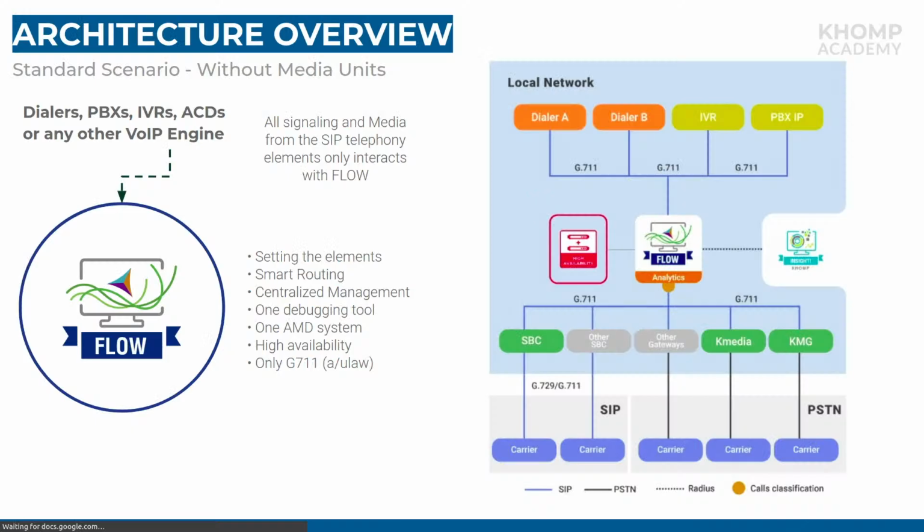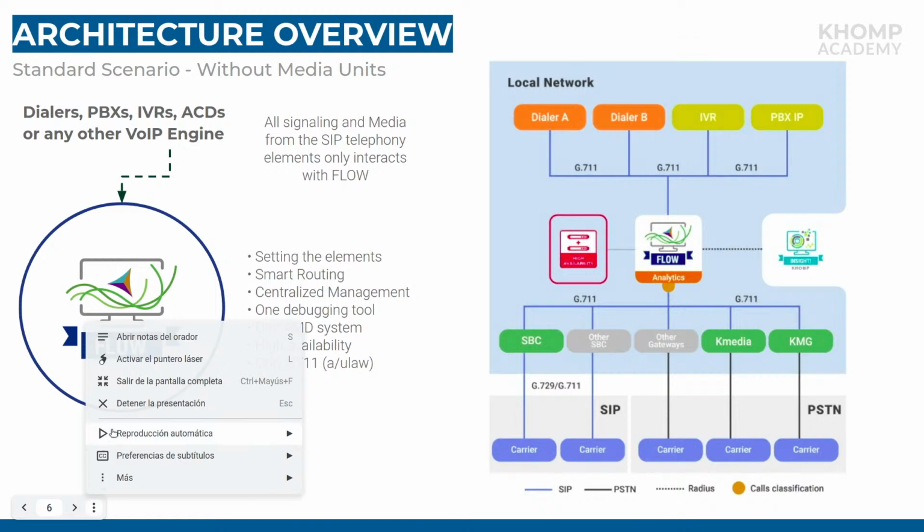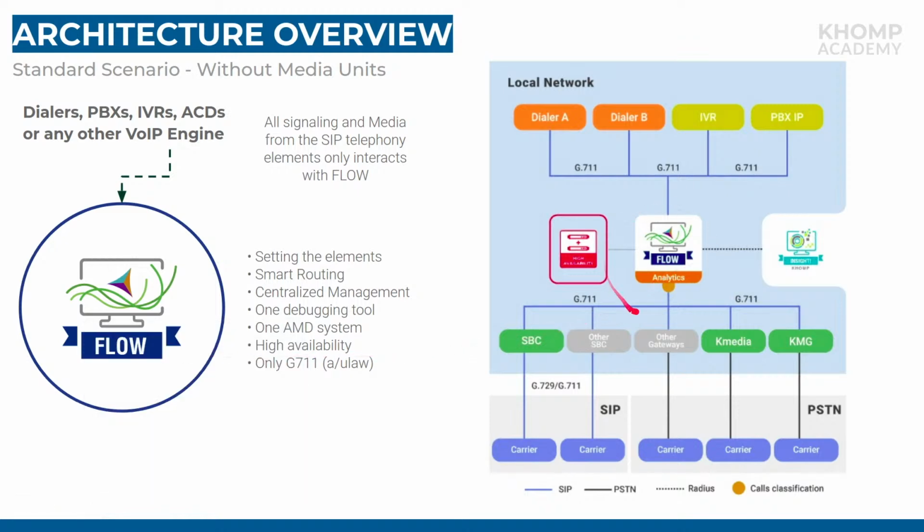Okay, this is our standard architecture, our standard scenario. If you already have a flow in your contact center, maybe this is the common scenario you will find in your solution. This is the flow here. This is our SIP server, which is going to do all the routing and process all the signaling and all the RTP, the media.